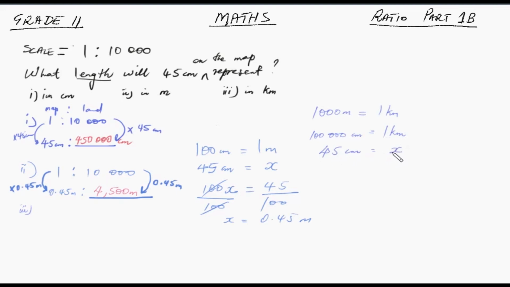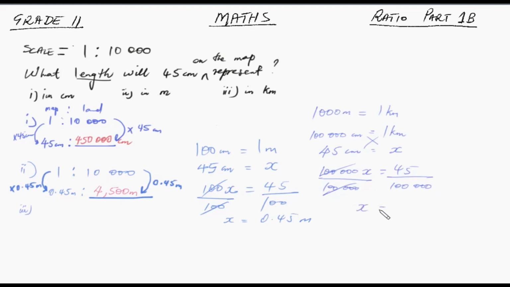If 100,000 centimeters equals 1 kilometer, then 45 centimeters will be equal to what? This time we are going to cross multiply. It's 100,000 times x equals 45. Centimeter cancels centimeter, so we have kilometer as the ultimate unit. We divide by 100,000 to balance our equation.